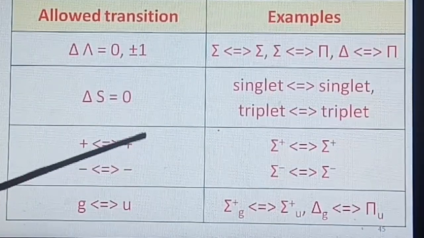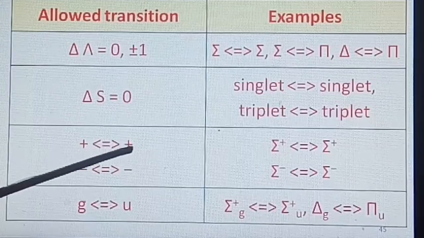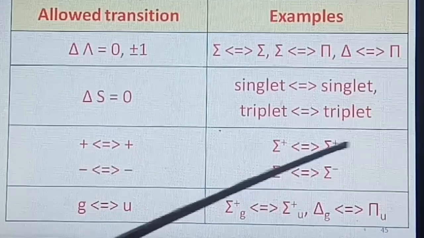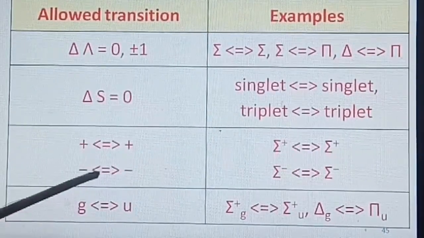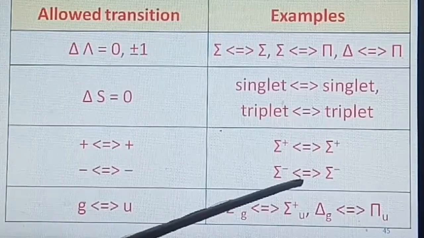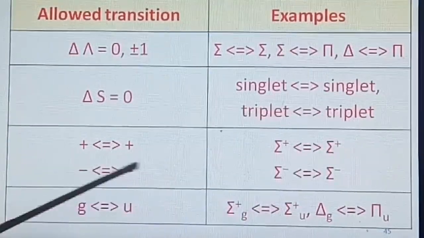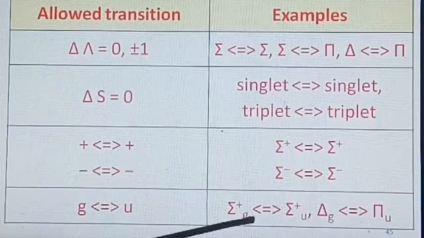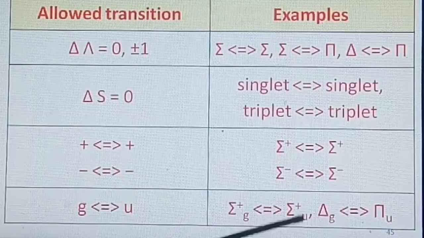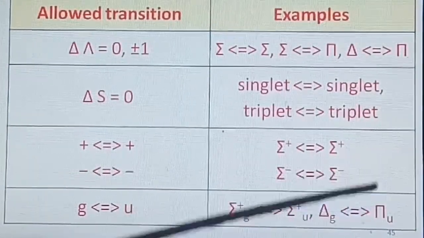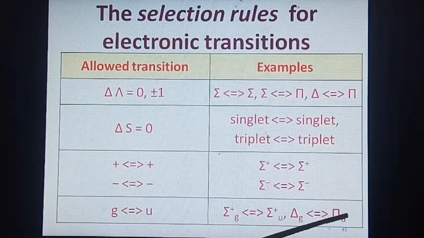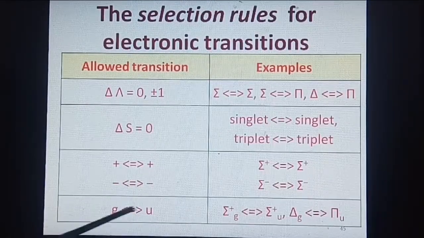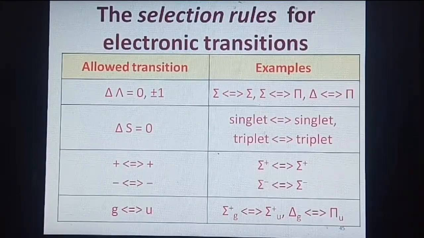In the symmetry, plus to plus is allowed, meaning sigma plus to sigma plus is allowed, and minus to minus is allowed, so sigma minus to sigma minus is allowed. And g to u is allowed, that is, sigma plus g to sigma plus u is allowed, and delta g to pi u is also allowed. Transitions from g to g or u to u are forbidden.